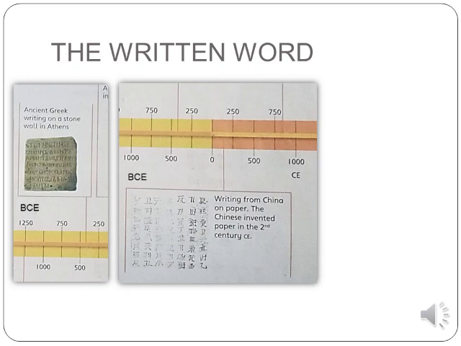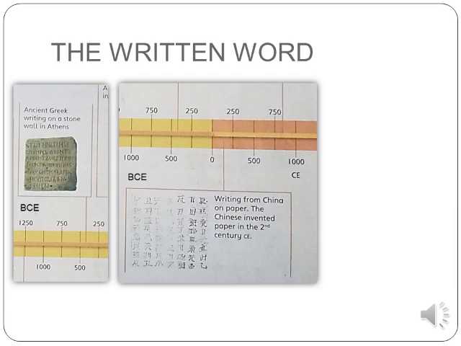Then we move on to the orange part of the timeline where the CE has started from zero, and we see that somewhere near 250 CE we have the writing from China on paper. The Chinese invented paper in the 2nd century CE, and they were actually the very first people to invent paper.